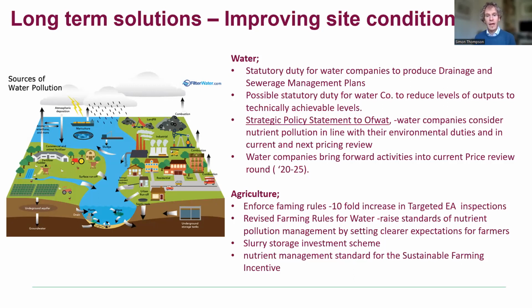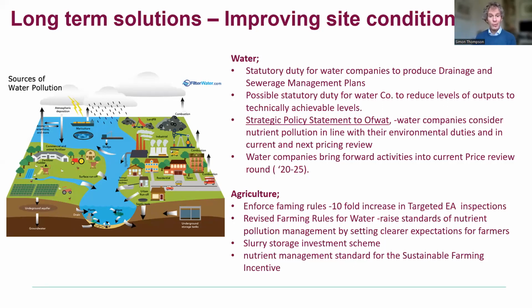There's the strategic policy statement to Ofwat, requiring that nutrient pollution is considered in line with environmental duties. The government has also asked water companies to bring forward activities as quickly as possible.